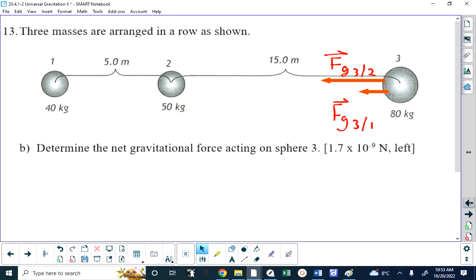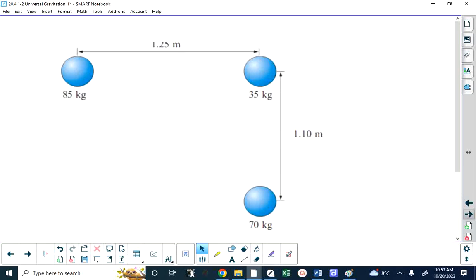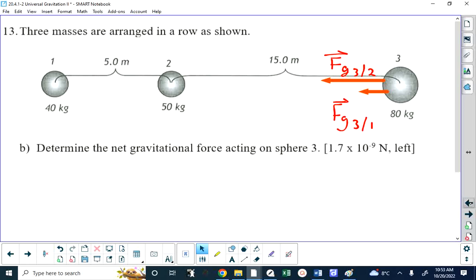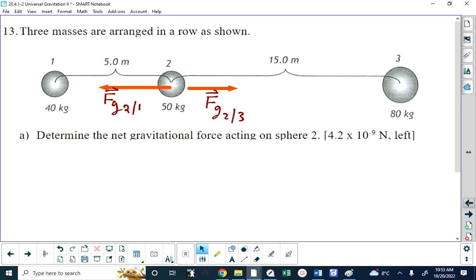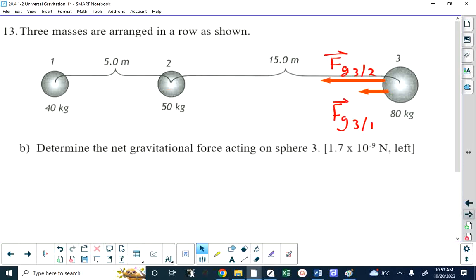I'm saying to do this, you're going to do the exact same thing we did here. You need to calculate all of the forces and add the forces. Now, how you add the forces is going to change here because of the directions. But in this question, we calculated the two forces acting on that mass we were asked about, and we added the forces. Here, I guess I never finished my thought here. We calculate the two forces, and you would add the forces, but how would you add these forces? What would you do to the numbers, the magnitudes?